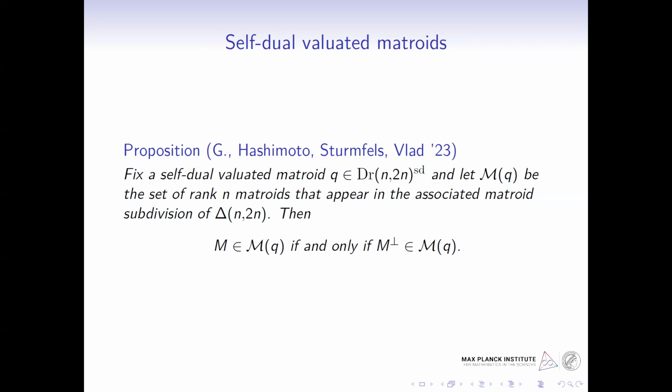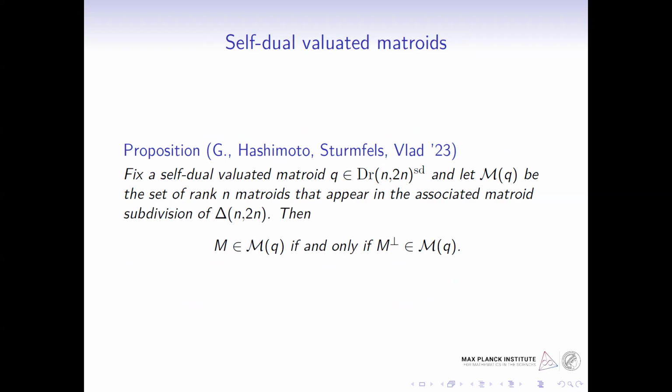Whenever you fix your self-dual valuated matroid and you look at the collection of matroids that you get from the associated matroid subdivision on rank n, so I take all the rank n matroids that appear in my matroid subdivision, then this set is closed under taking the dual. So when I find a matroid in the subdivision, I take the dual of this matroid. It will be somewhere in the subdivision. There will be exactly this dual matroid.